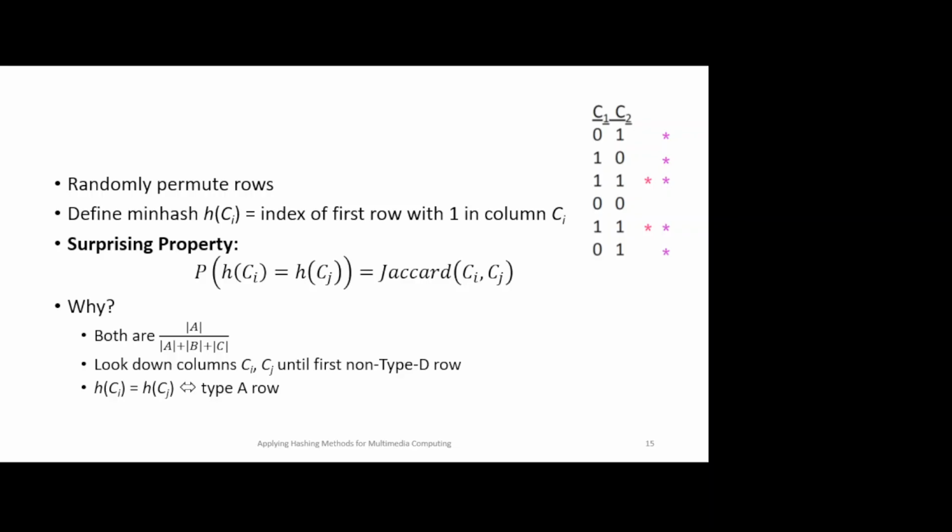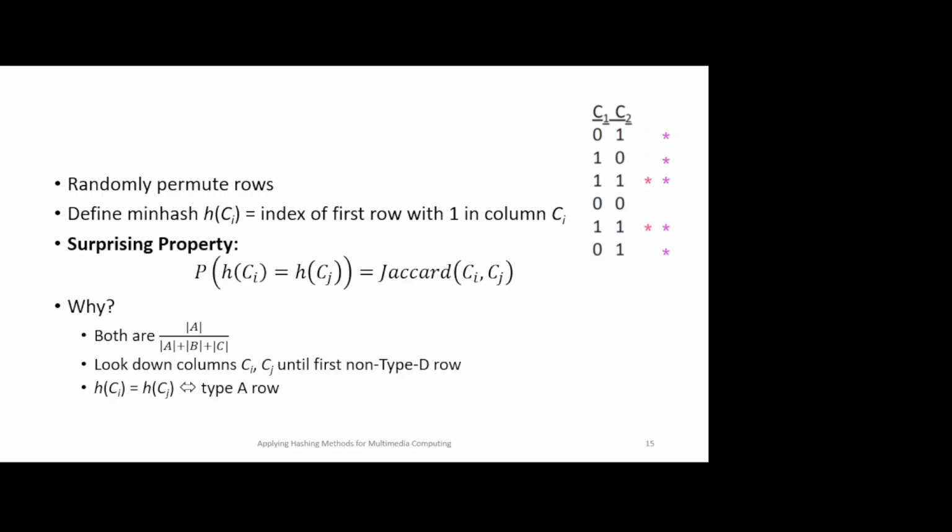And then after we do the random permutation, we define a function like this. This means h of Ci equals the index of the first row that is 1. What does the first row being 1 mean? When you check this column, the first row with 1 is here.